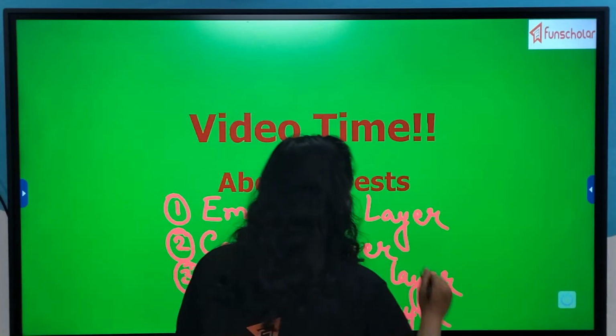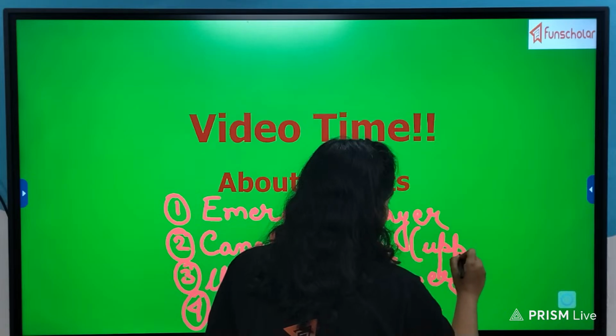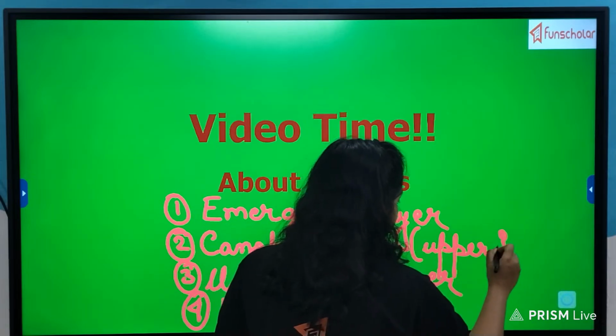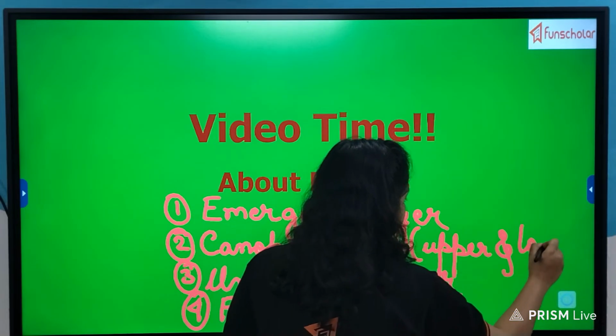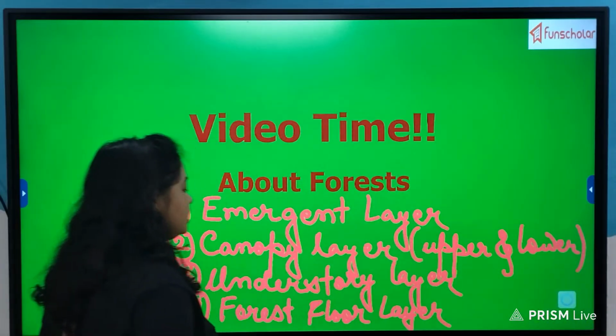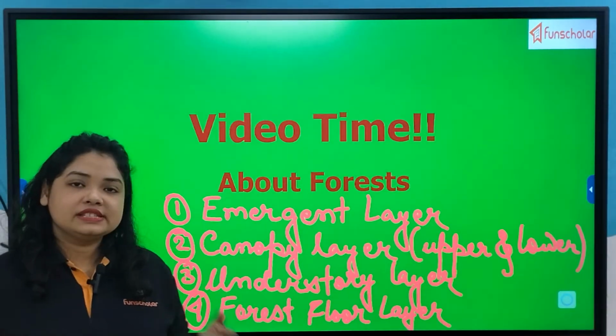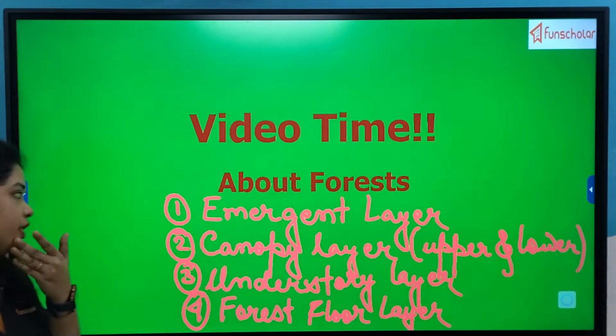And we should not forget, the canopy layer is divided into two, upper and lower. These are the 4 layers which we have seen in the video.